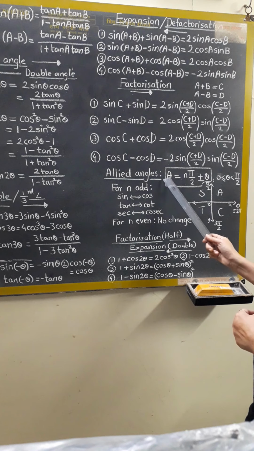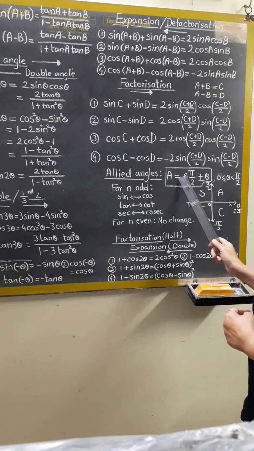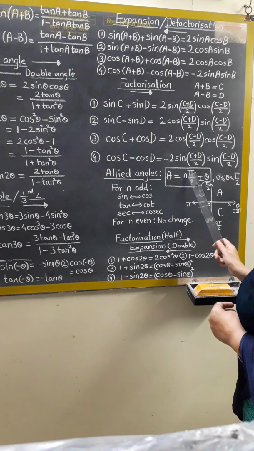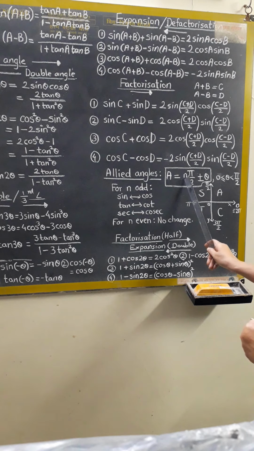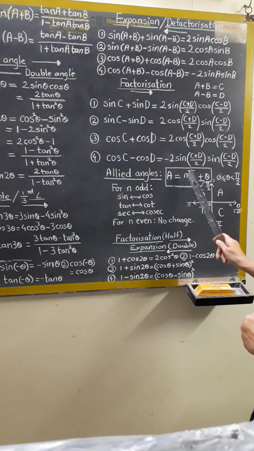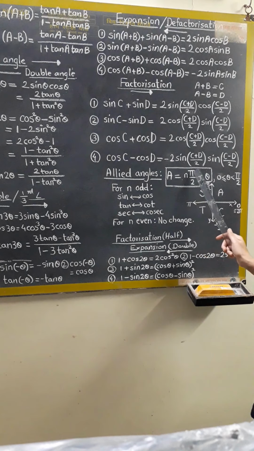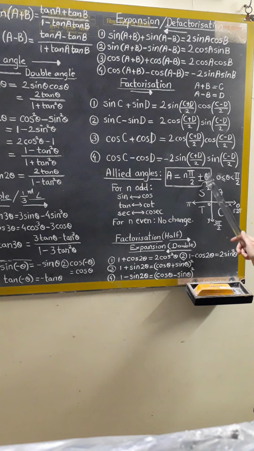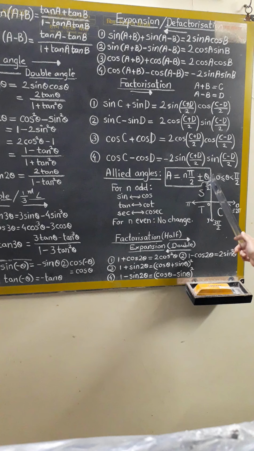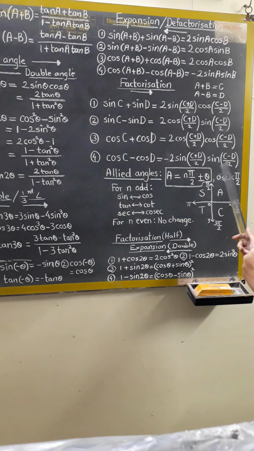Let us say A is the angle, and when the angle is expressed as n times, n is a natural number, times pi by 2 radians, that is 90 degrees, plus or minus some remaining angle, where that angle will lie in between 0 to pi by 2, that is 90 degrees, that is the acute angle.